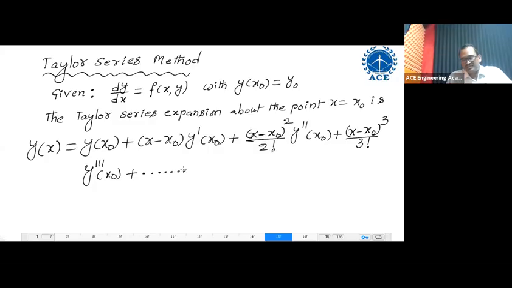Any function which is differentiable at x is equal to x naught can be expanded as a Taylor series in powers of x minus x naught.